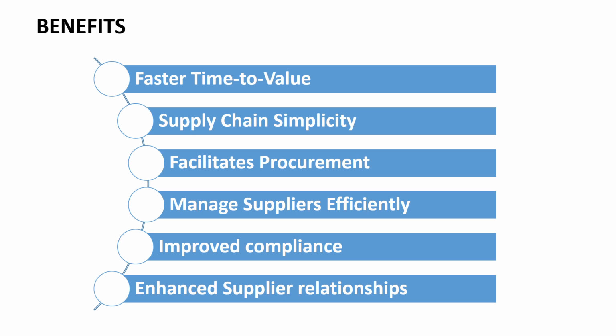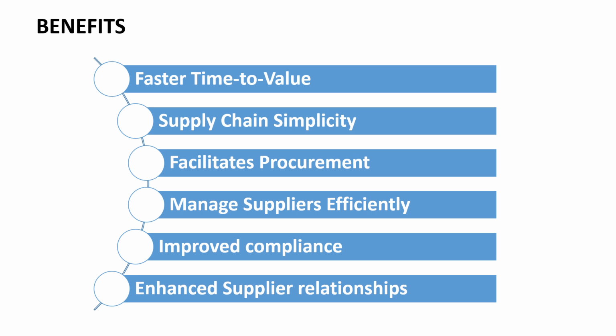And then the third benefit is facilitating procurement. It means SAP Ariba automates several steps, reduces manual tasks, and provides tools for better sourcing and supplier management and the overall procurement function. And the fourth, manage suppliers efficiently.